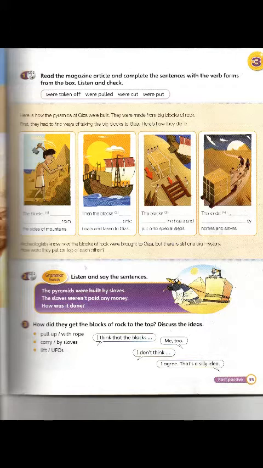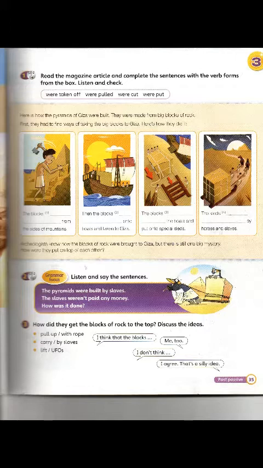Here is the audio. Student's Book, page 35. 1. Listen and check. Here is how the pyramids of Giza were built. They were made from big blocks of rock. First, they had to find ways of taking the big blocks to Giza. Here's how they did it. The blocks were cut from the sides of mountains.